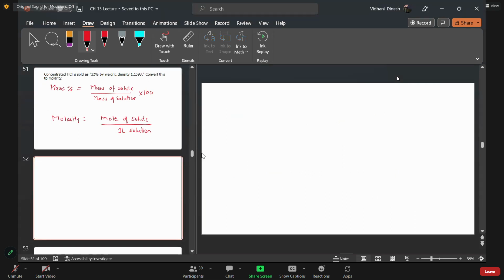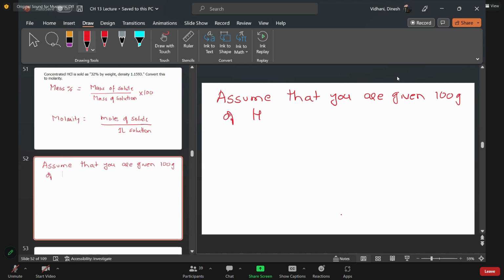So step number 1, if you are given 32%, in this case, I did not give you the mass. So I will assume that you are given 100 grams of HCl solution.